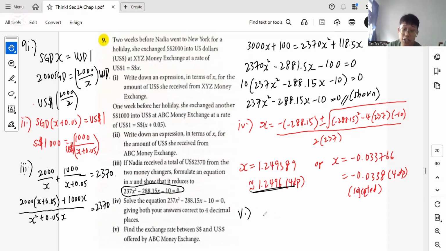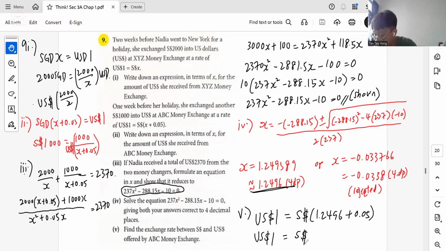So ABC money changer is just US dollar 1 equals Sing dollar 1.2496 plus 0.05. So it's 1.2996.